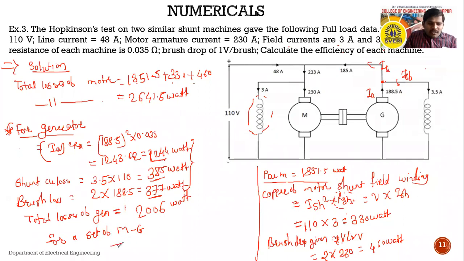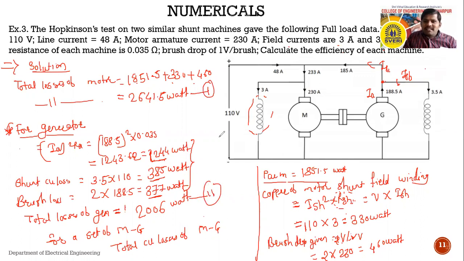See, what will be the total copper losses of the MG set? It is the sum of these two losses, suppose this is equation 1 and this is equation 2.